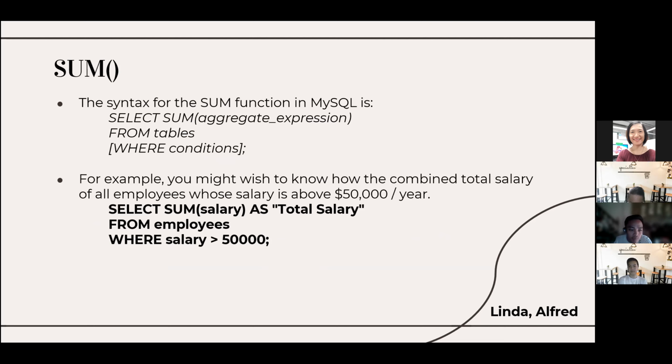Sum is another arithmetic operator. Its name is self-explanatory. We add numbers to get the sum.